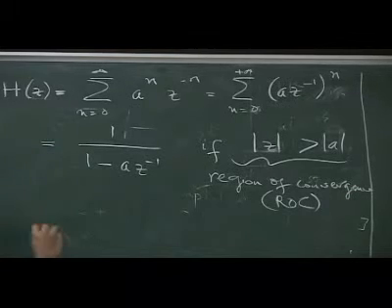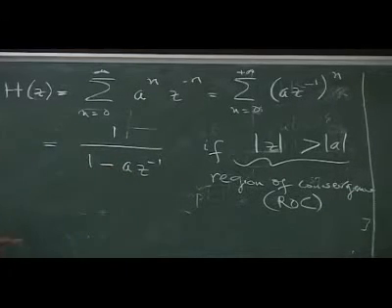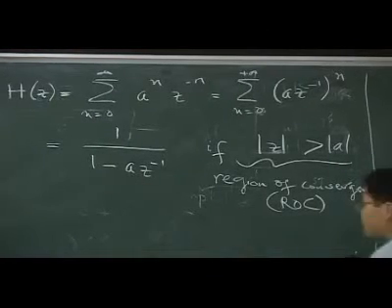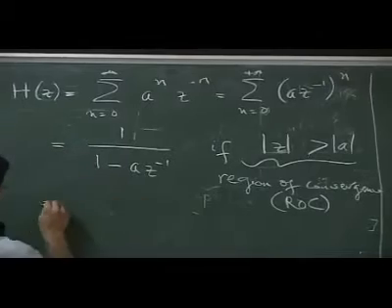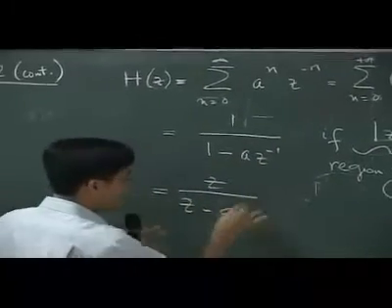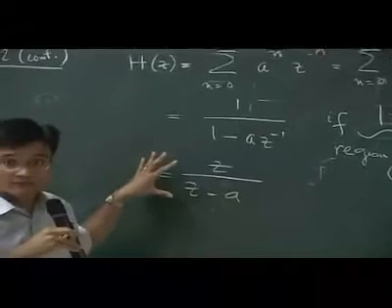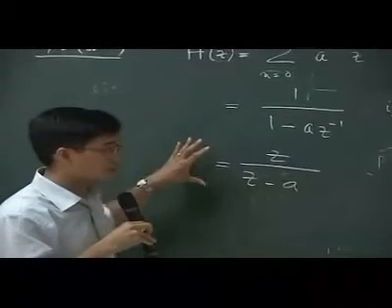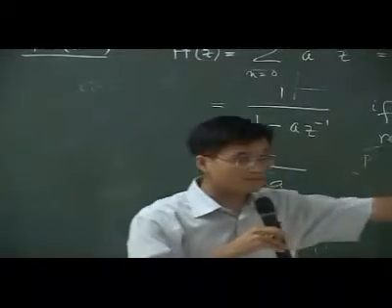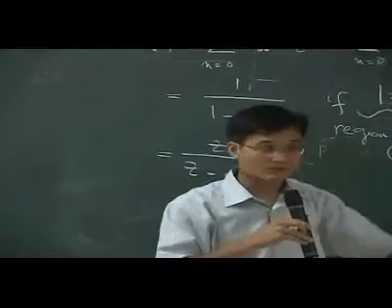But you can see that I have a signal which is infinitely long, but its Z transform has a rather nice form, right? You can write z over z minus a. And you can see later on that this kind of thing actually describes some systems like this. Okay.